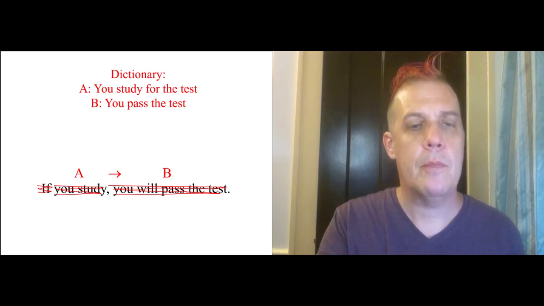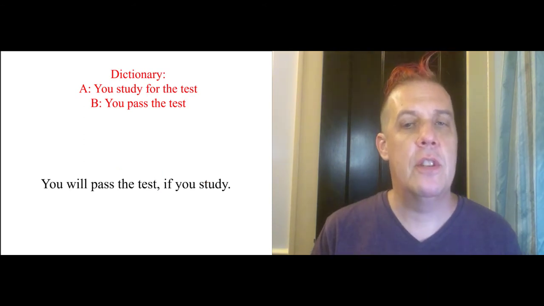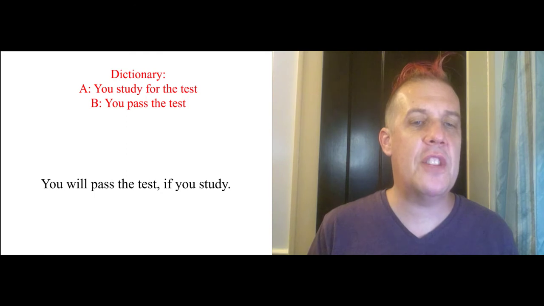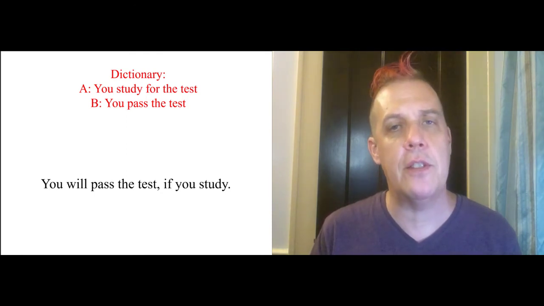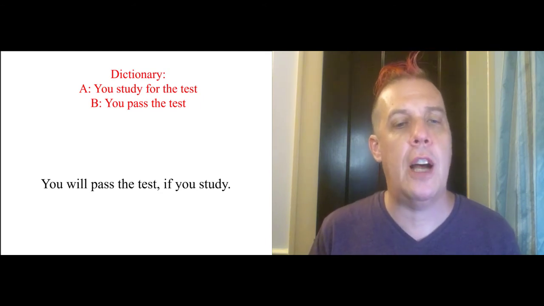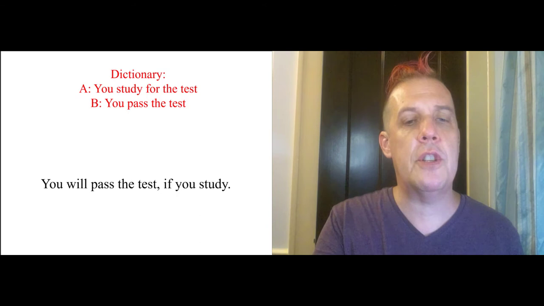Straightforward. Now think about this sentence. You will pass the test if you study. This is basically the same sentence, but the if clause has migrated to the end of the sentence. This is because in English we can adjust word order all the time. So now when we're just writing down the letters, the B goes there and the A goes there.